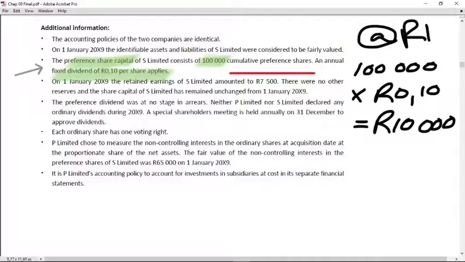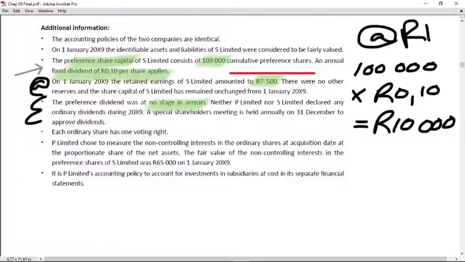Then they tell you that the retained earnings of S Limited amounted to 7,500 Rand at acquisition date. There were no other reserves and the share capital of S has remained unchanged. Now what you need to know is what happened with regards to this preference dividend. The preference dividend was at no stage in arrears.